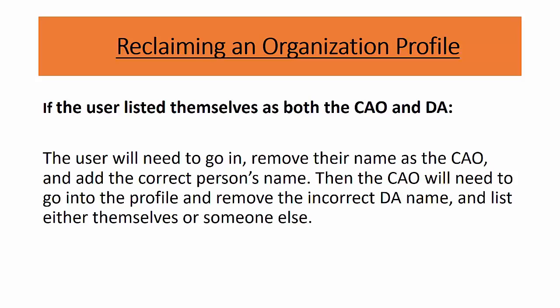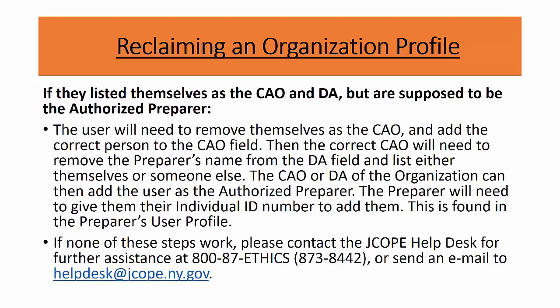If they listed themselves as the CAO and DA, but are supposed to be the Authorized Preparer, the user will need to remove themselves as the Chief Administrative Officer and add the correct person to the Chief Administrative Officer field.